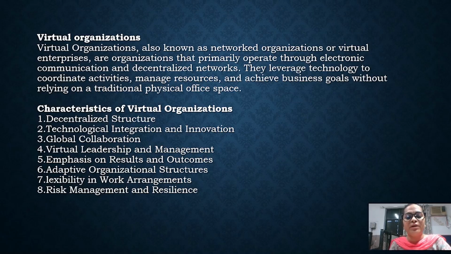Encouraging a culture of innovation fosters continuous improvement and adaptation as per the emerging trends in the outside world, right? So virtual organizations leverage technology not only for operational efficiency, but also for generating new ideas, new products, or even services.